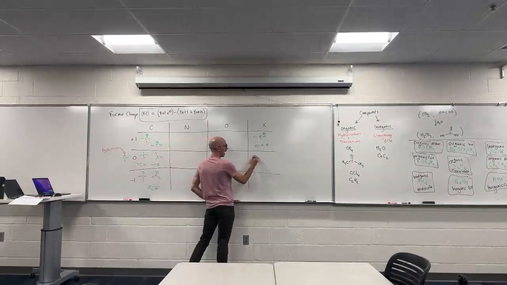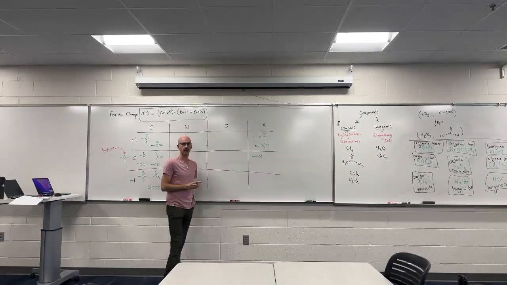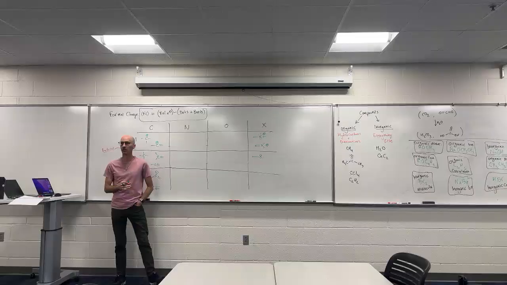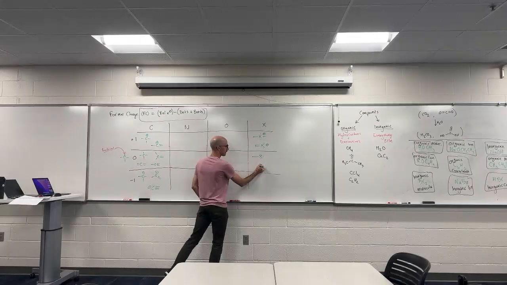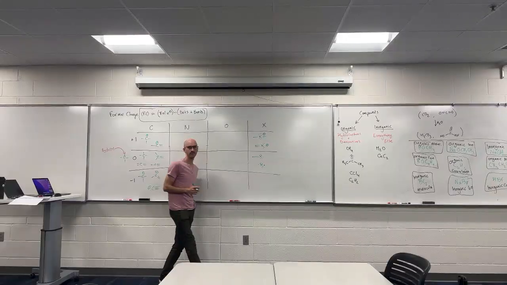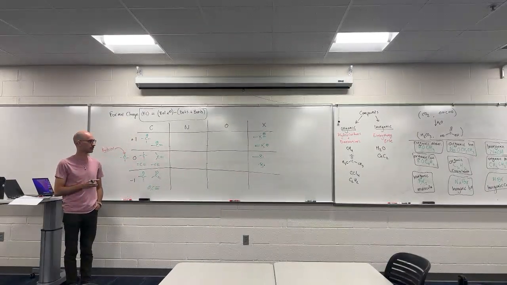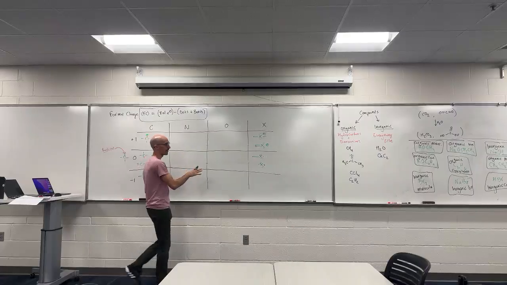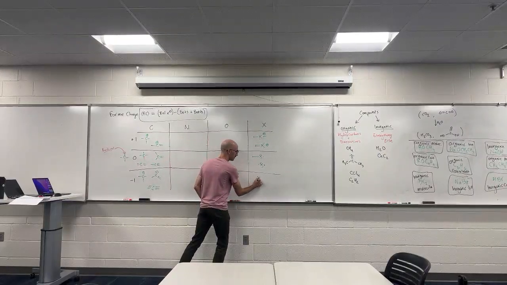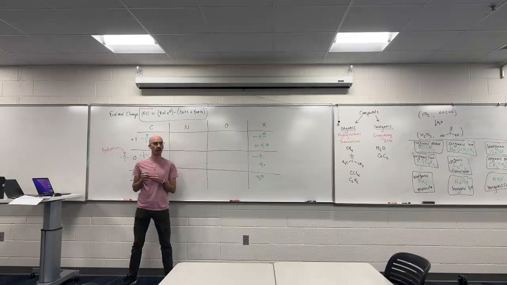A neutral halogen either has just 1 bond and 3 lone pairs, or it has 3 lone pairs and a radical. And then lastly, a negatively charged halogen has 4 lone pairs.